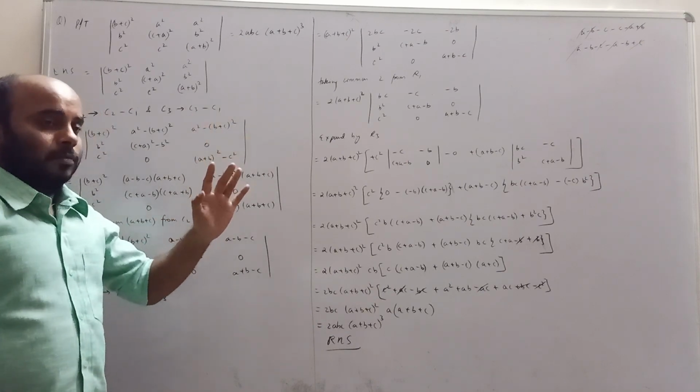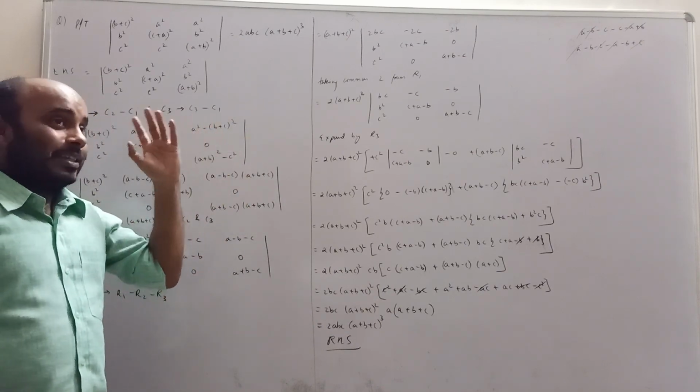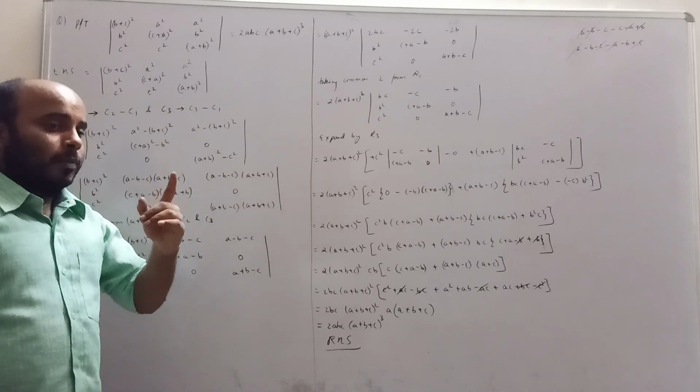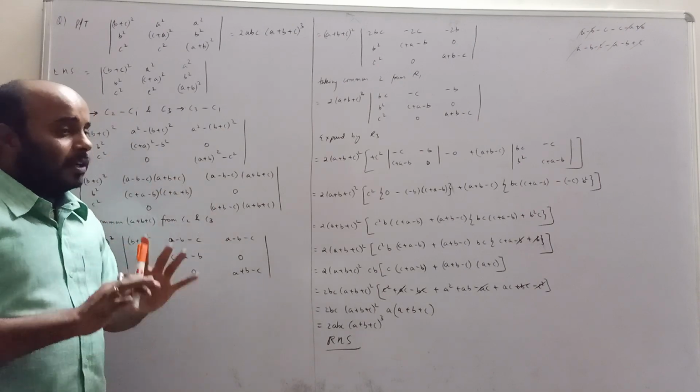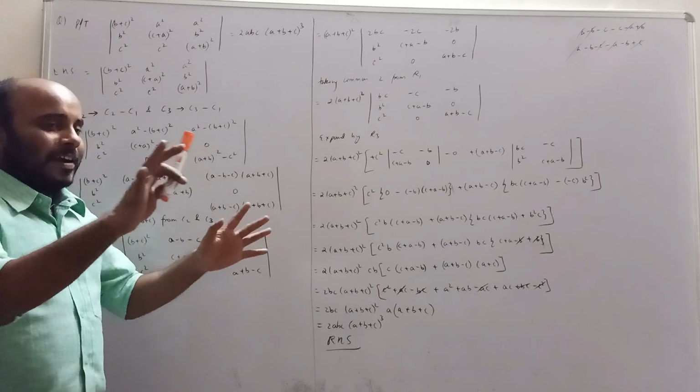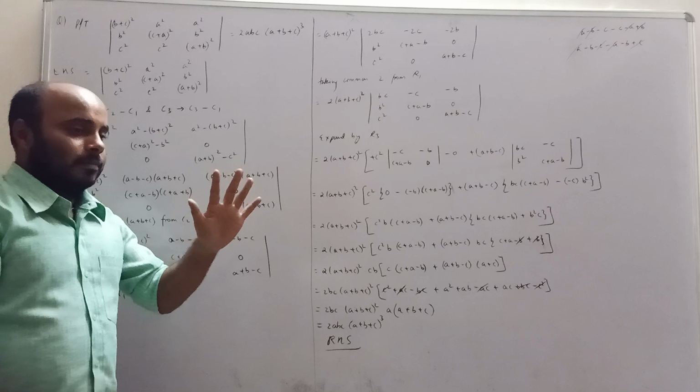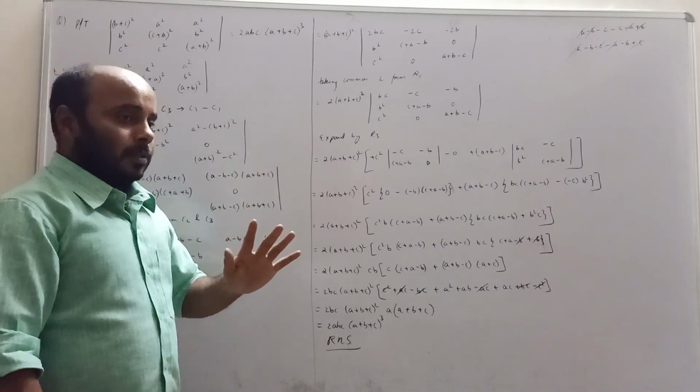For every question, any question you're dealing with under type 1, your job, listen carefully, is to make 2 zeros anywhere in the whole determinant, simplify the rest of the terms, and then you expand. This is the job.